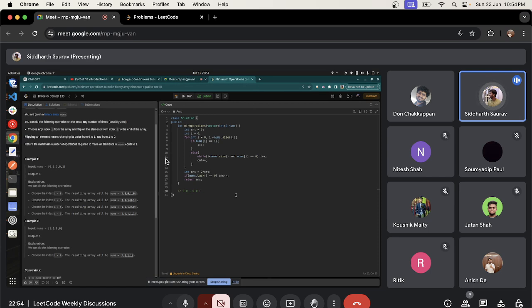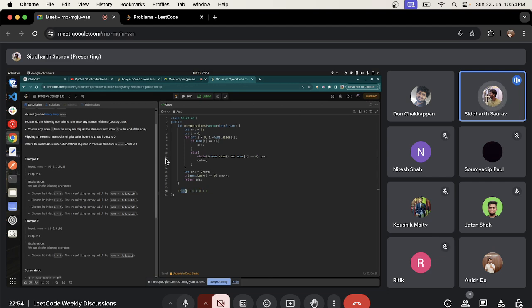So I counted the number of continuous zeros present in the array. For all of the zeros, I can take here and flip all of these elements. And again, I can flip these two elements so that these two become one again, and these three also become one in that process.